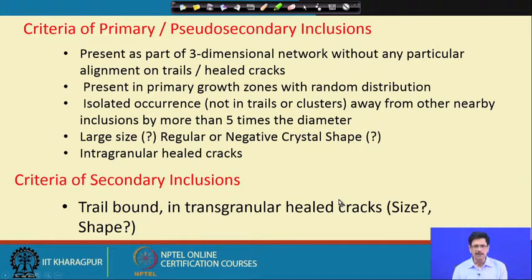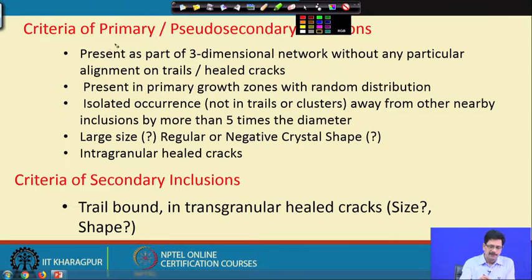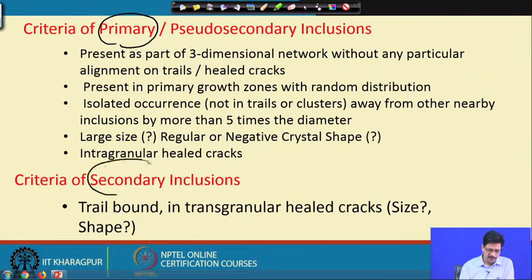So, now coming to a very important topic, we will be discussing this again and again during the course of our lecture, and this is one of the very important aspects of fluid inclusion study: the inclusions that we classify as primary or secondary.